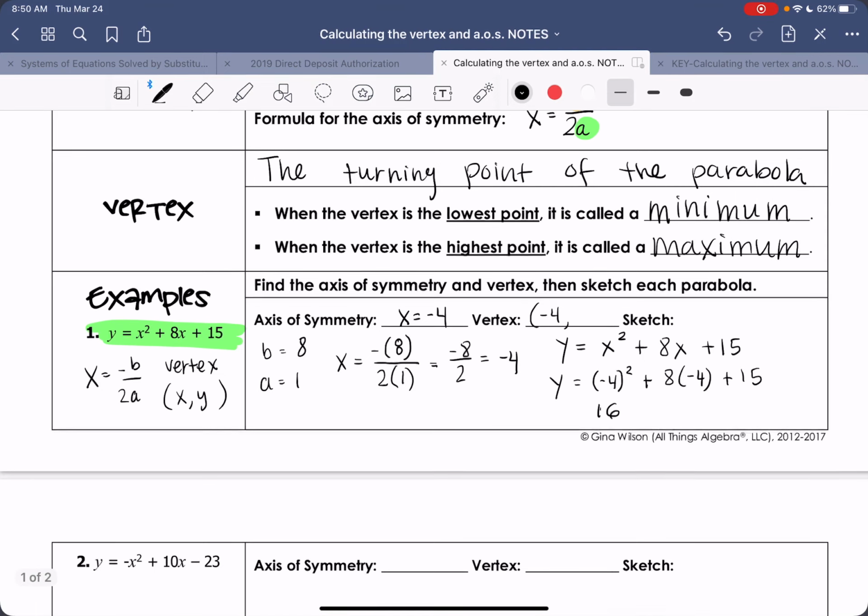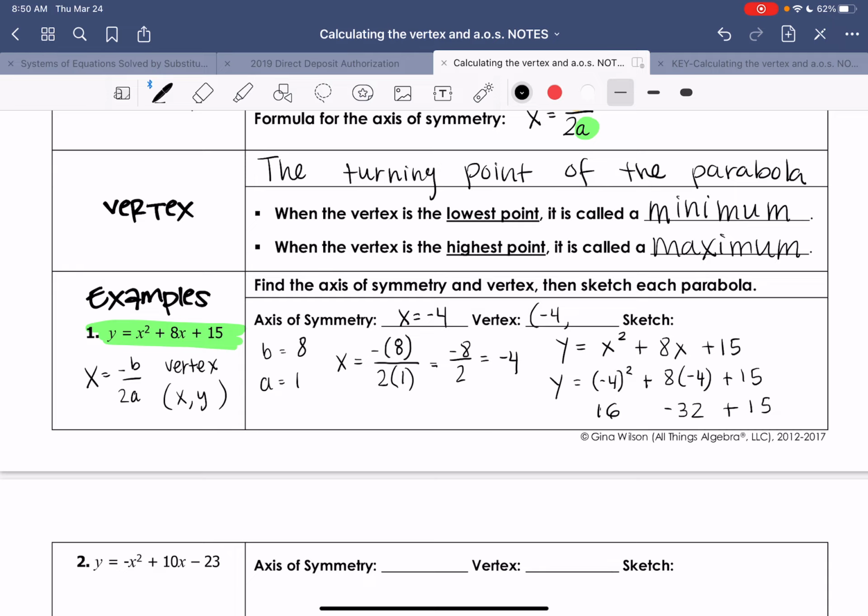And then we're going to add 8 times -4, which is a -32. So again, when we add a negative, we're just subtracting. So I'm going to go ahead and erase that plus a negative because we're just subtracting. So it's 16 minus 32 plus 15.